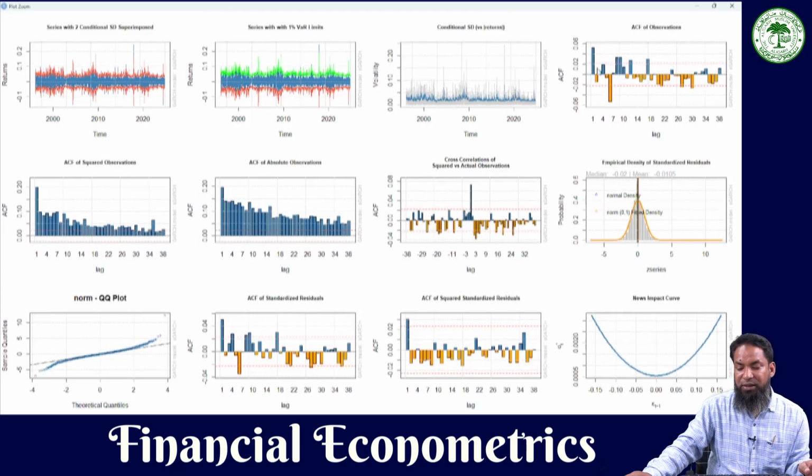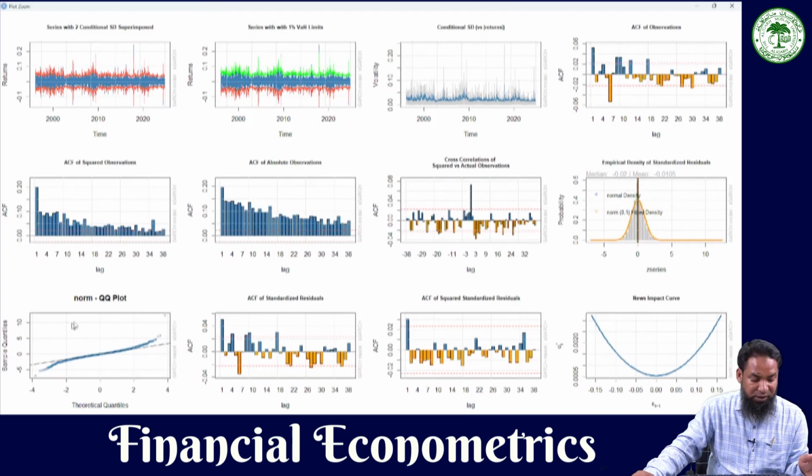And this is the ACF of the observations for the series, the ACF of the squared observations, the ACF of the absolute observations, and the cross correlation of squared versus actual observations. Here we have the empirical density of the standardized residuals, and we can see that it is quite close to the normal distribution.